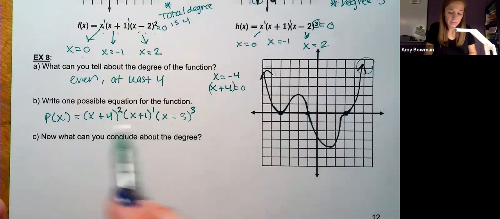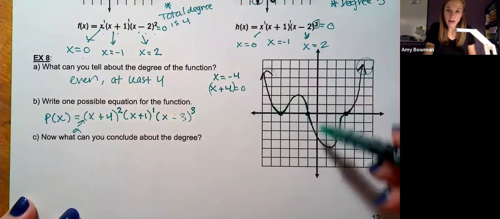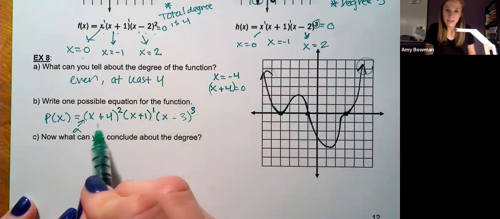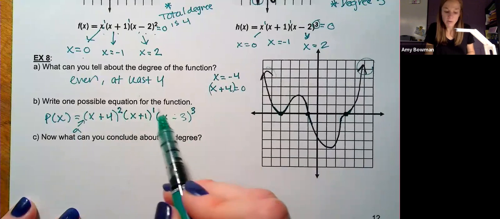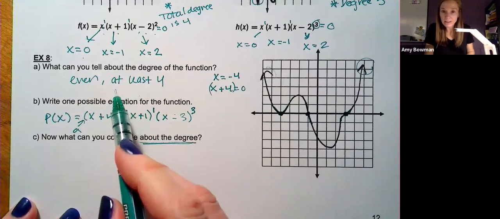This isn't going to be perfect because I'm sure there's some a value or stretch factor involved to get this exact graph. But this is what our factors would be, and these are what their possible multiplicities could be. So now the total degree, we said before, could be at least 4.